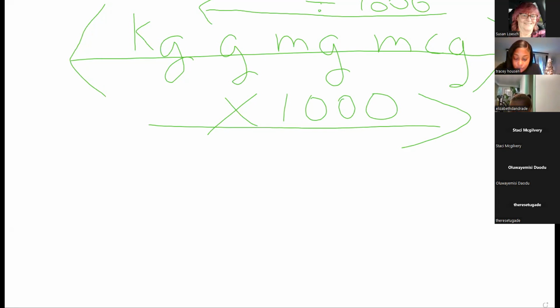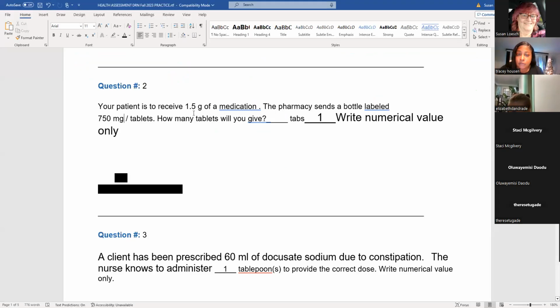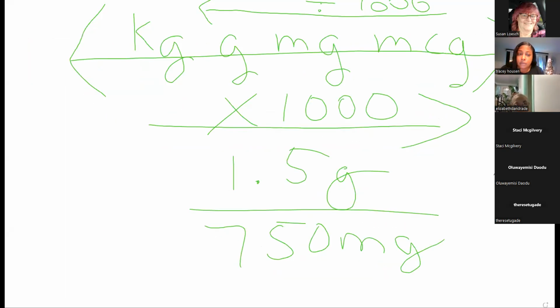Okay, so you had 1.5 grams ordered, and your order is 750 milligrams. Let me go back and look at the order to make sure I'm using the right numbers. So we have 1.5 grams and 750 milligrams per tablet. Now you just do the math.